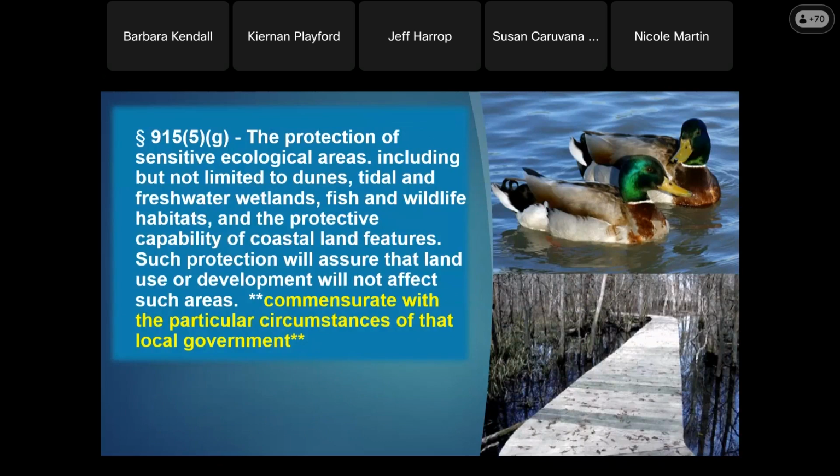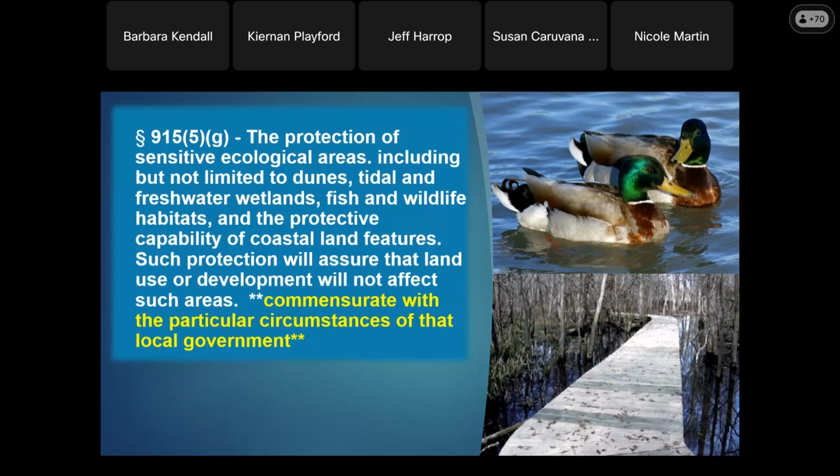And then in 915.5G of the legislation, the protection of sensitive ecological areas should be covered. Fish and wildlife habitats contribute to ecosystem health and provide support for all life cycle stages of fish and wildlife. Preserving valuable fish and wildlife resources also has important recreational, economic, and community benefits.